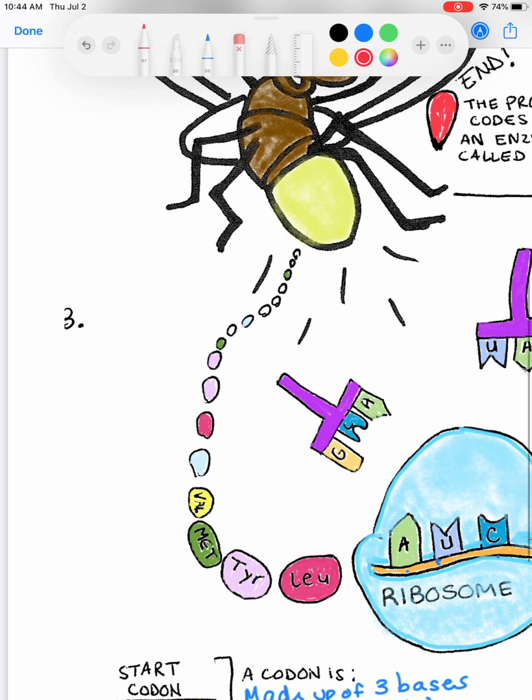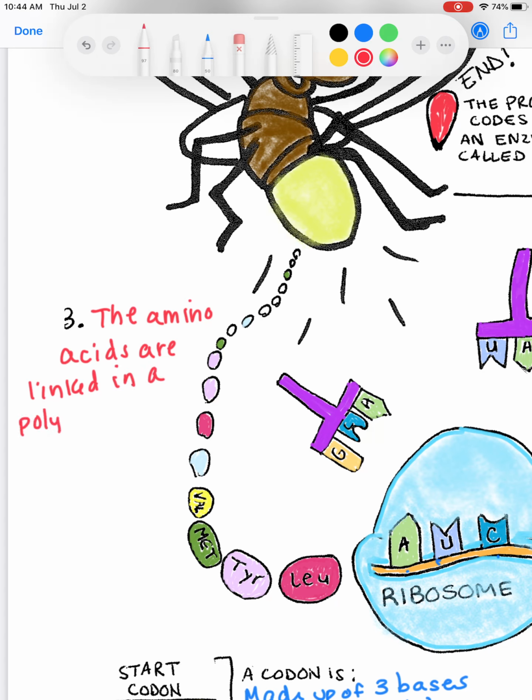So if we look over here, the last step is that the amino acids are linked in that polypeptide chain. And the polypeptide chain is held together with peptide bonds.